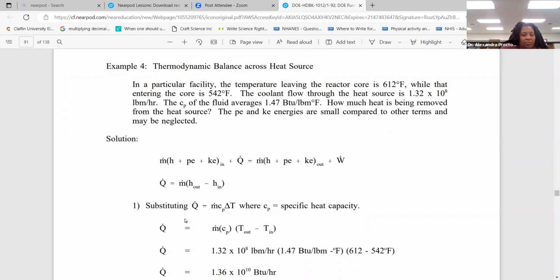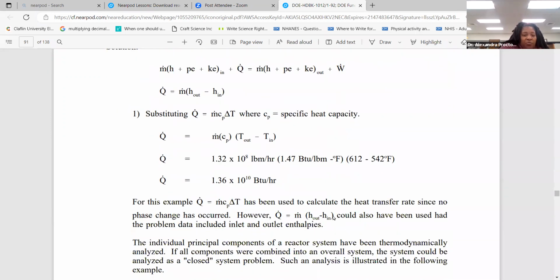Substituting Q is equal to m c delta T, where cp is the specific heat capacity, Q is equal to m times cp times (temperature out minus temperature in).